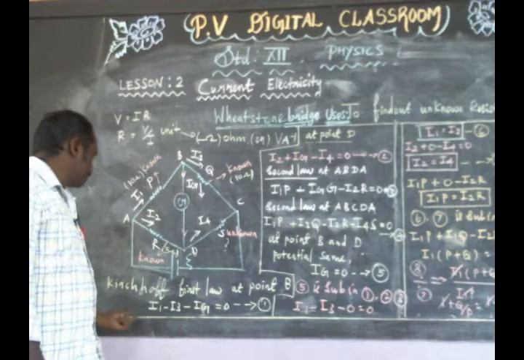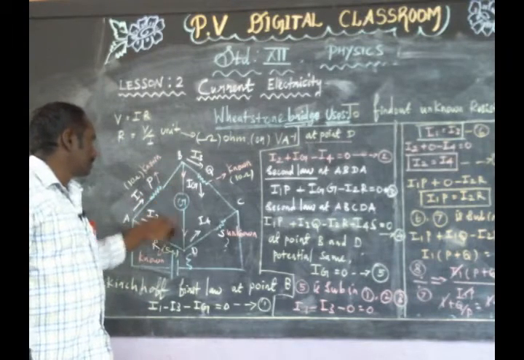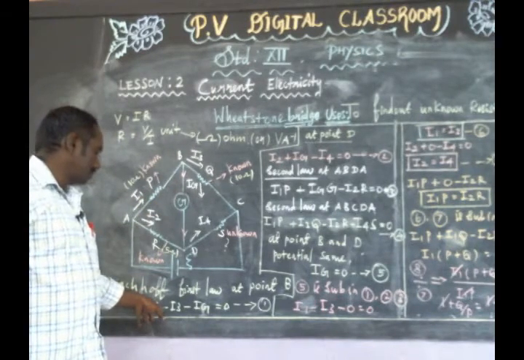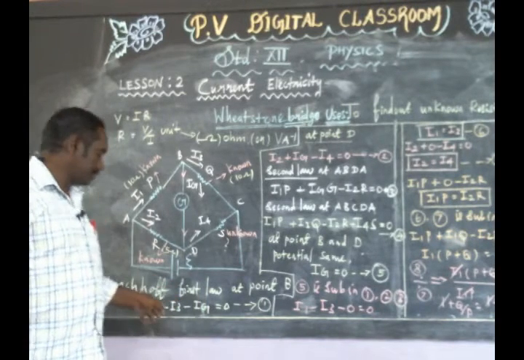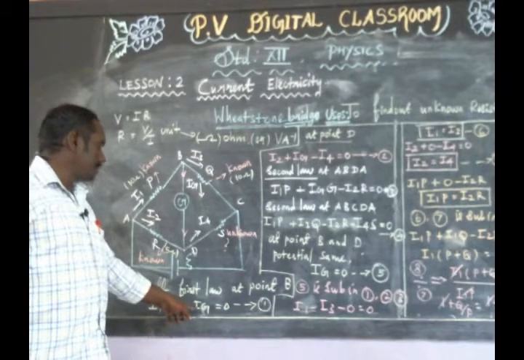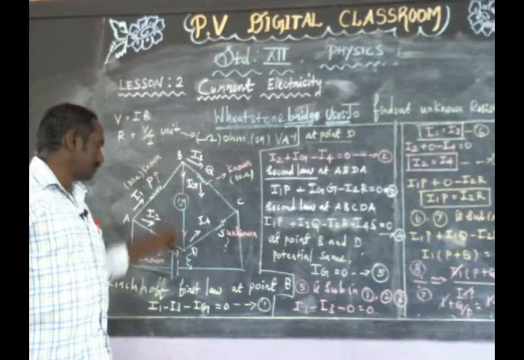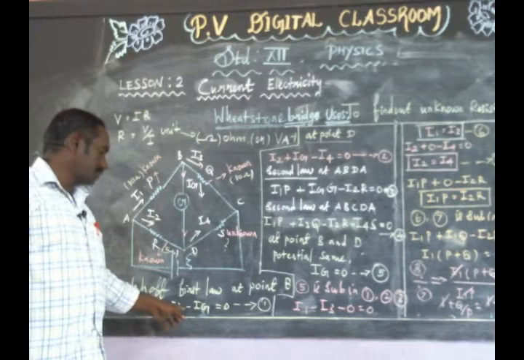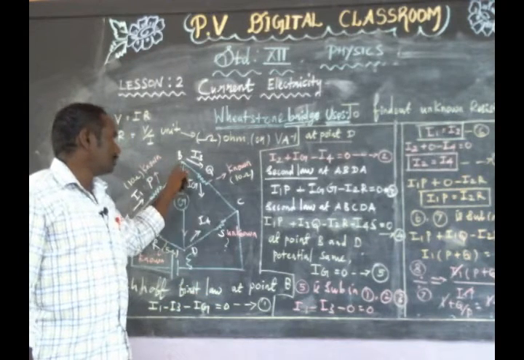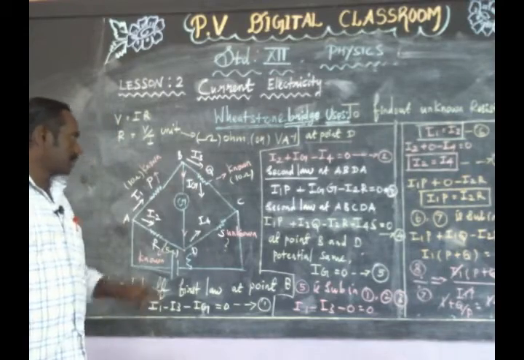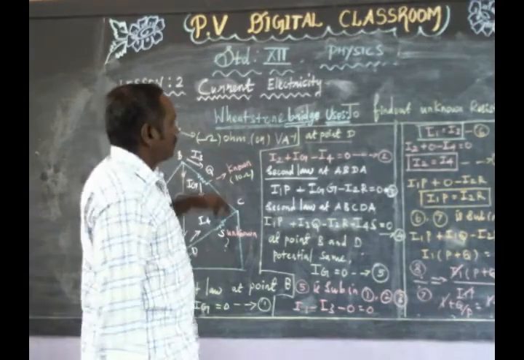I1 is toward the junction, positive. I3 is away from the junction, negative. Ig through the galvanometer is away from the junction, negative. So the total current at point B is 0. This is the first law applied to the Wheatstone bridge.